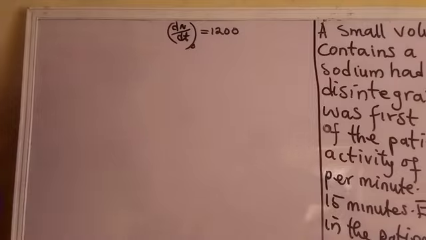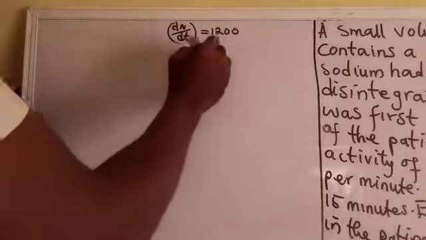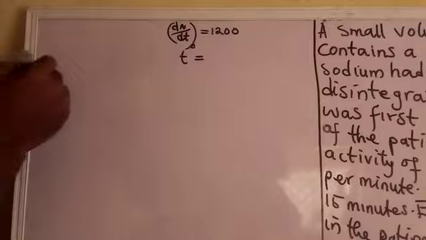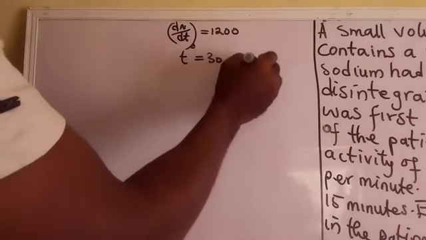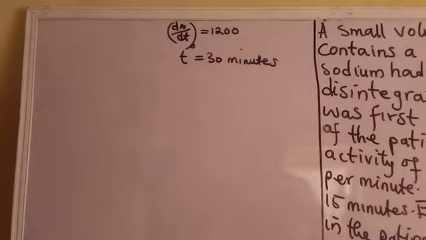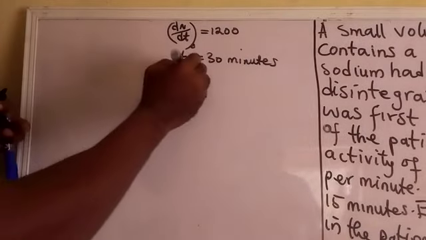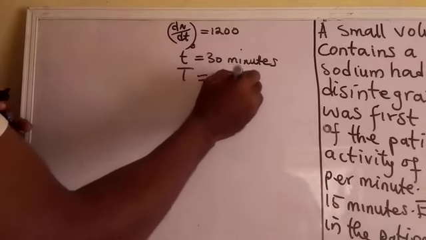Another thing we are given in the question was the time. After a time, there was another disintegration. That time was 30 minutes. Okay? Another important value given to us is the half-life of sodium, 15 minutes.